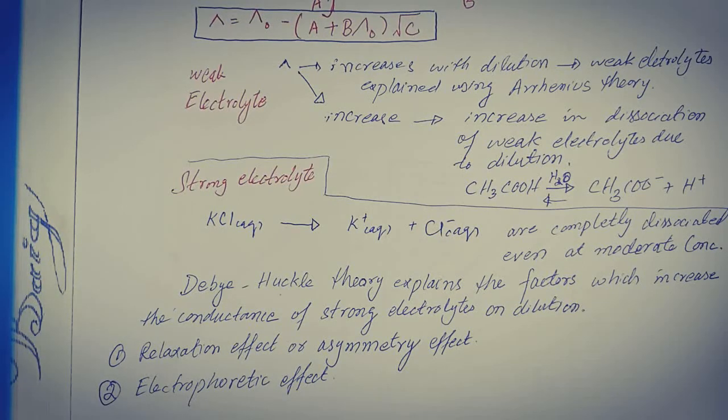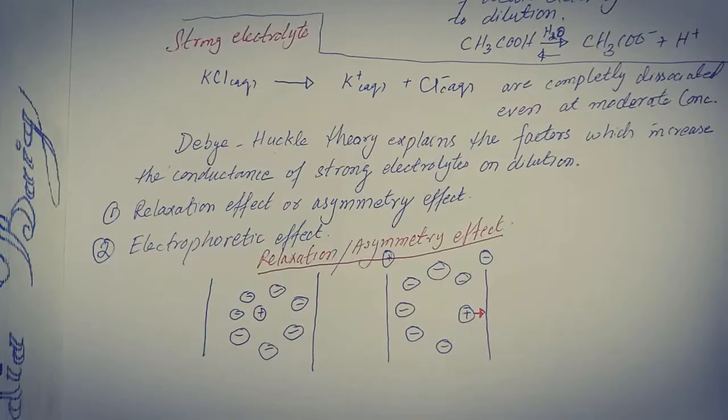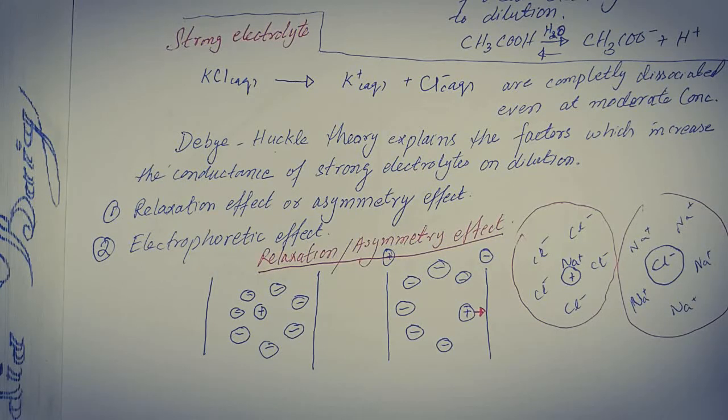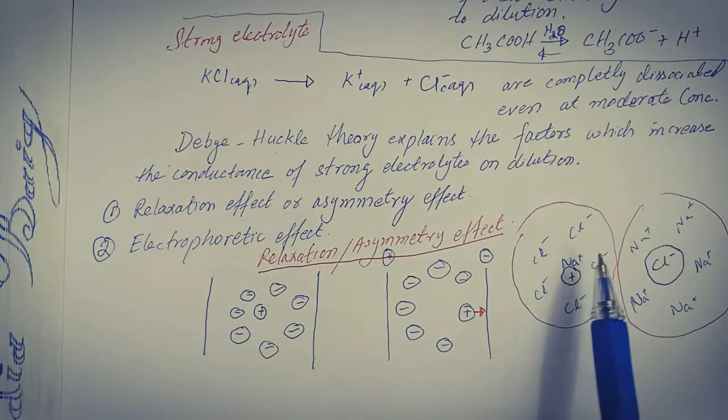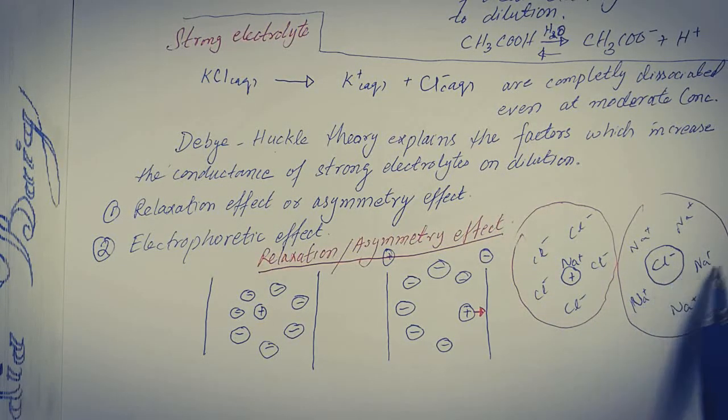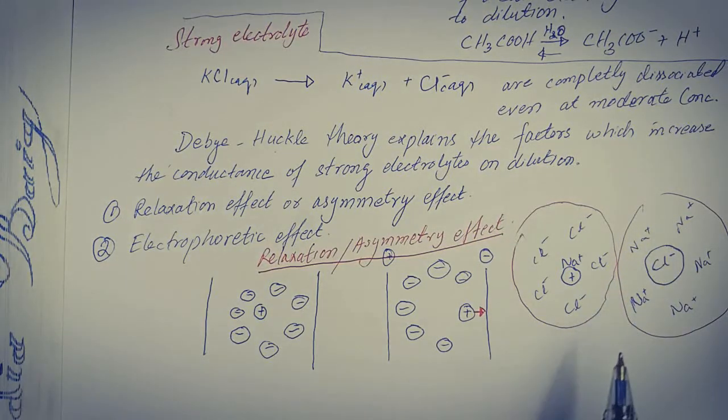Now let's discuss the first factor, that is the relaxation effect or asymmetry effect. Electrolytes, when dissolved in solvent, dissociate into positive and negative ions. For example, when sodium chloride is dissolved in water, the sodium ion is surrounded by chloride ions, whereas chloride ions are surrounded by sodium ions.